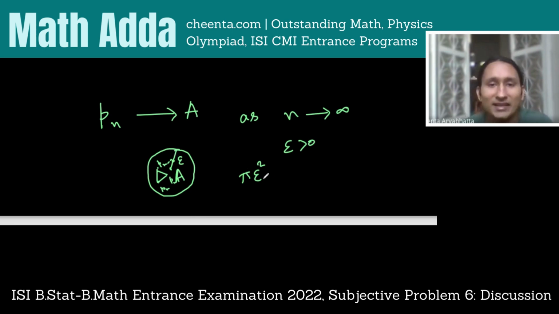And epsilon can be made to go to 0. Therefore, no matter how small you want to make the area, you can make it. You can make the area arbitrarily small by choosing epsilon to be very small. That means the area actually goes to 0.